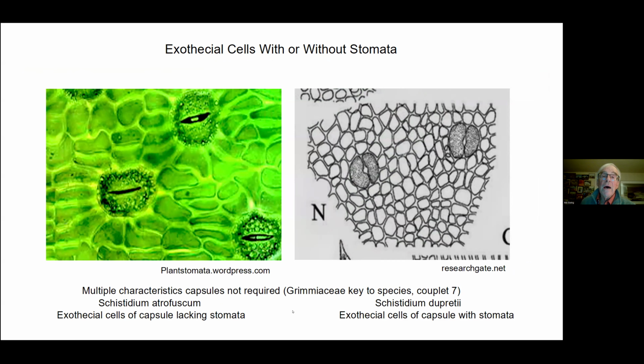On the outside of the capsule are exothecial cells. That's just the cells of the capsule. And in the Grimmiaceae key to species, couplet 7, Schistidium atrofuscum is distinguished from Schistidium dupretii by whether or not there are stomata.